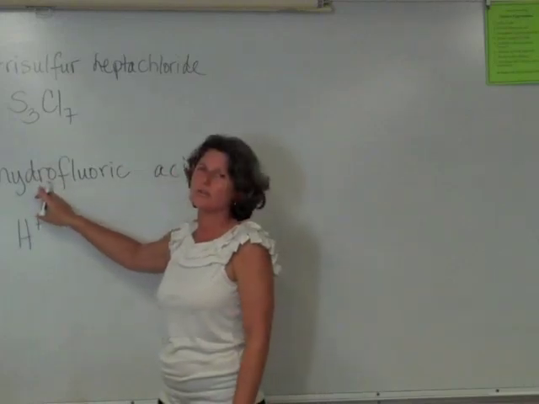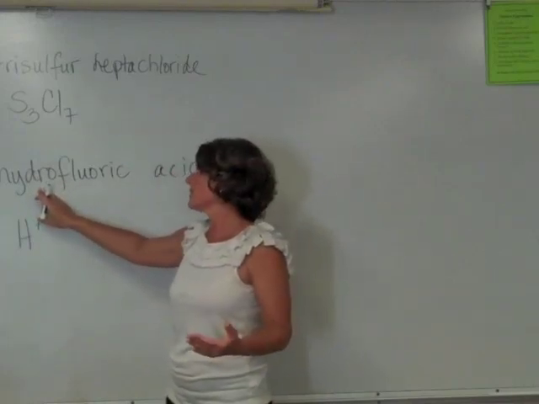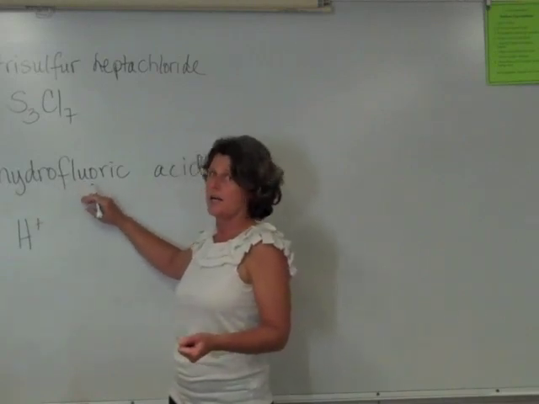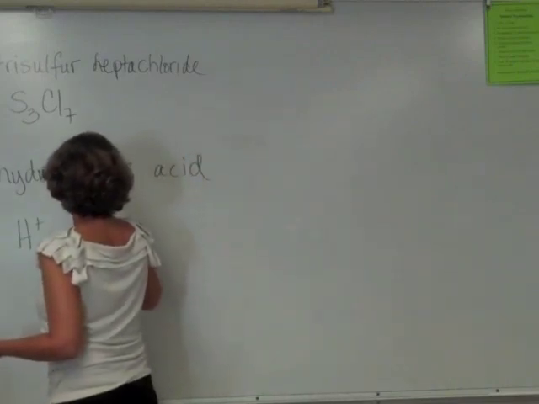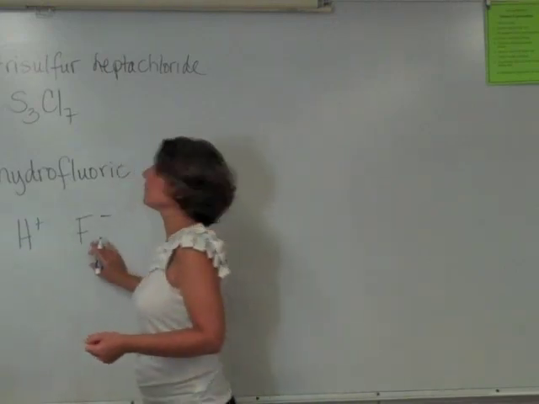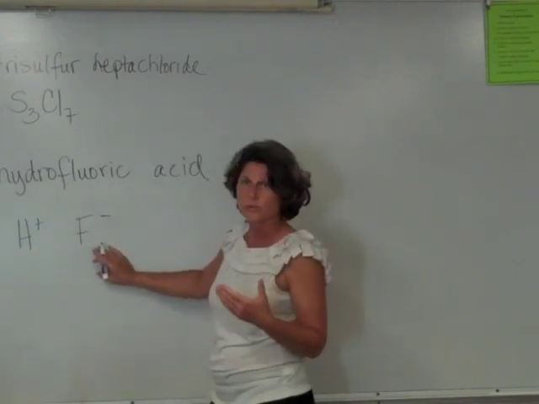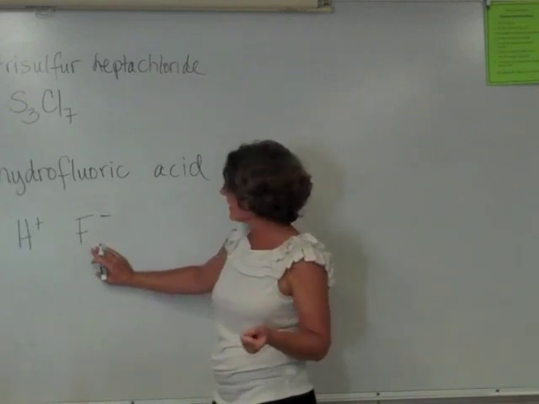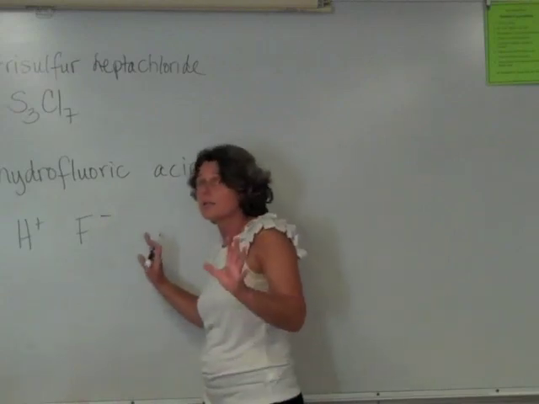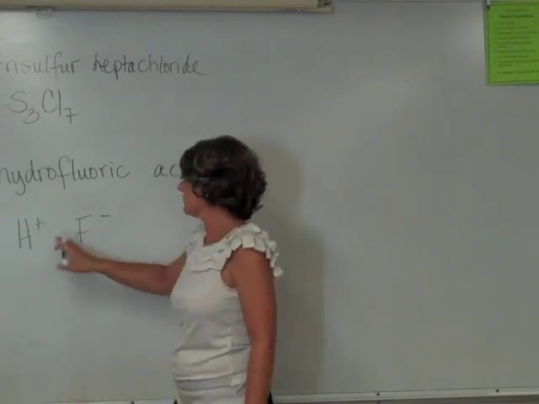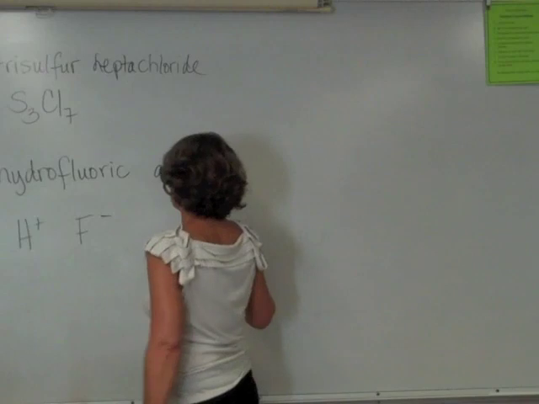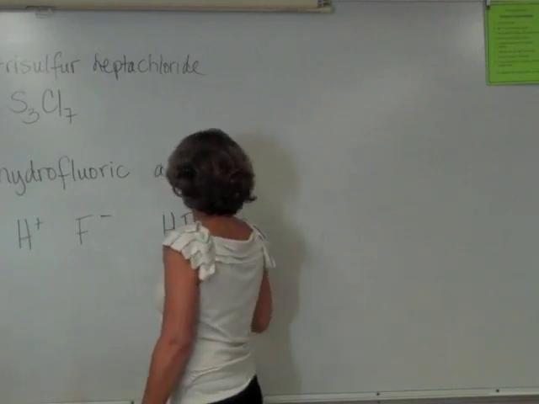If it's hydro, it's got a prefix, that means that it is simply the fluoride ion. Fluoride has a -1 charge. Fluorine is in group 7, and so when it forms ions, it always has a -1 charge. Is it balanced electrically? A positive, a negative, +1, -1. So I can leave it just like this. It's HF.